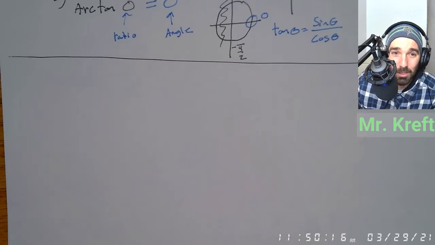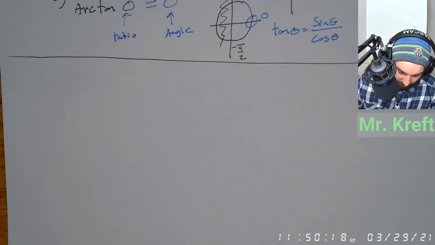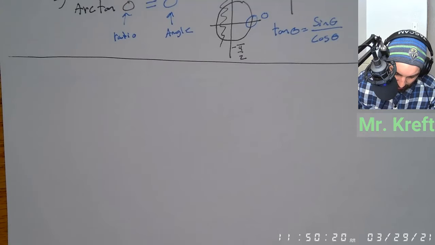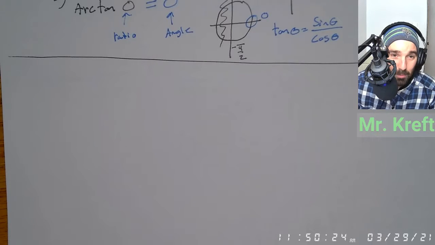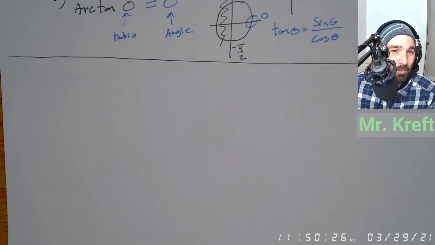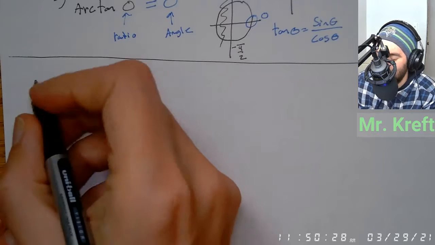So again, this isn't exactly what you're going to be doing in calculus, but it helps set it up. If you guys want to, example 7 in the book really sets you up for calculus, but we're not going to do that.